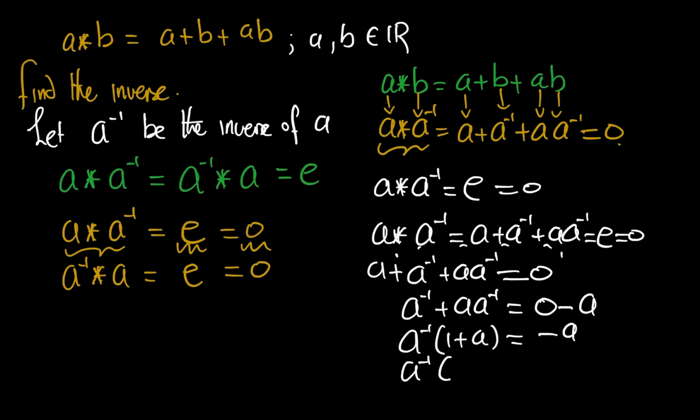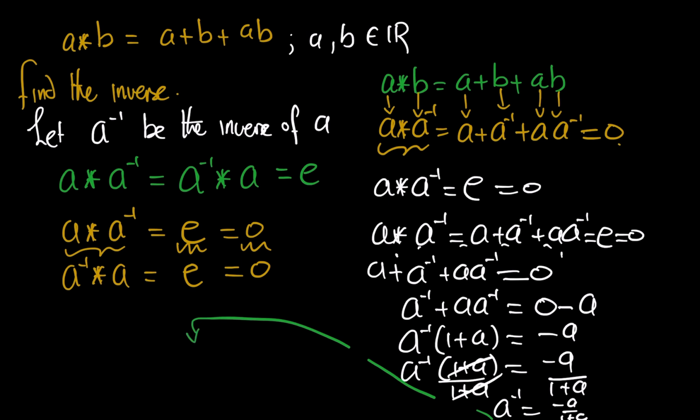Now we're going to divide by 1 plus A. This cancels out, and we end up getting the inverse of A is negative A over 1 plus A. So we can rewrite it and say that our inverse of A is equal to negative A divided by 1 plus A. This is what we were able to arrive at.